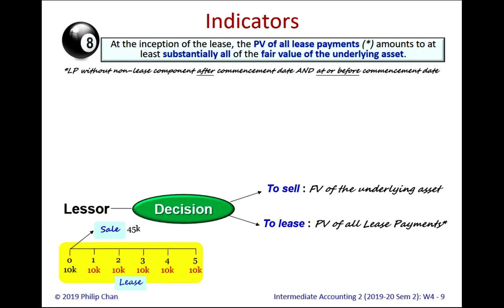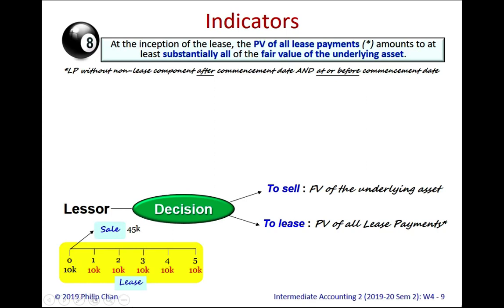So what I would like you to remember is, when you apply the present value of all lease payments and compare with the fair value at inception date, which is time t0, you must add that 10K as well in your present value of lease payments. If you forgot to do that, you are not comparing like with like at time t0.